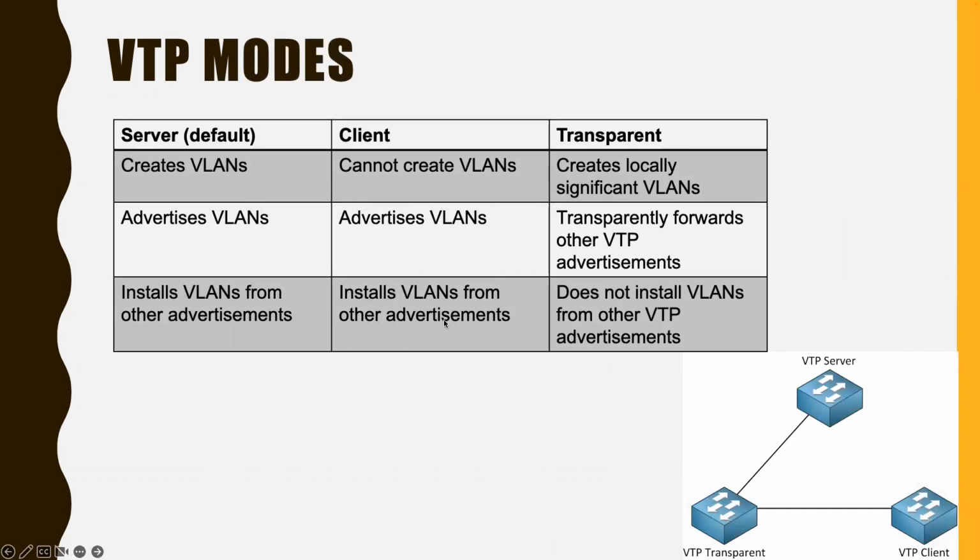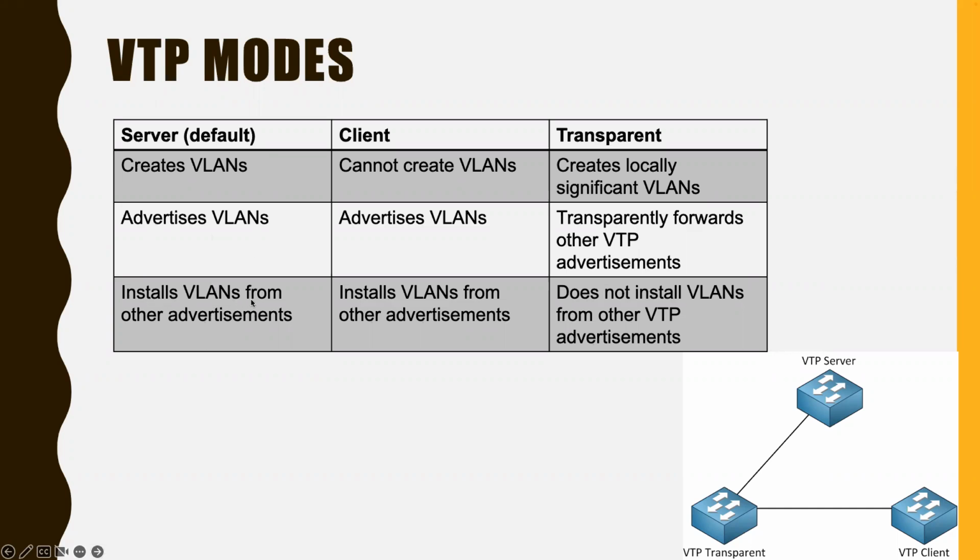Coming back, these are the three modes a switch can work in. Server is the default one. If a switch is running in VTP server mode, we can create, add, or delete VLANs. It will advertise your VLANs.